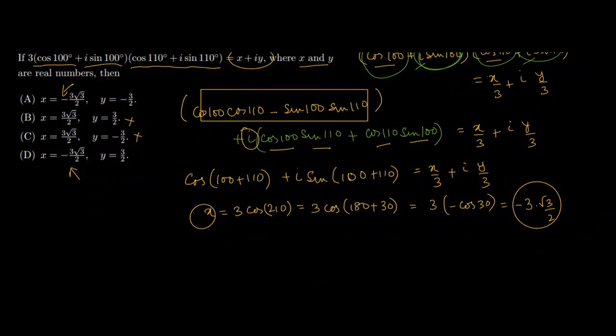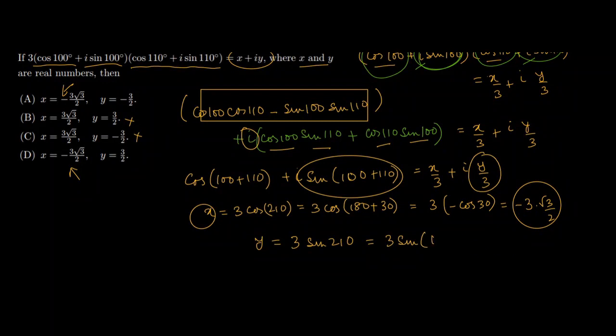Now we check for the value of y. So y is equal to thrice sine of 210. We just equate y by 3 with sine of 100 plus 110. So this is nothing but thrice sine 180 plus 30.